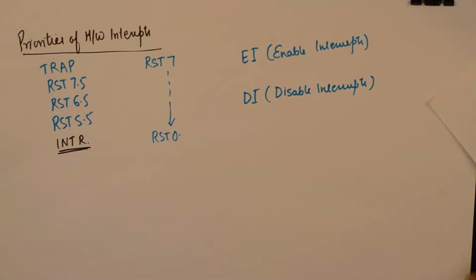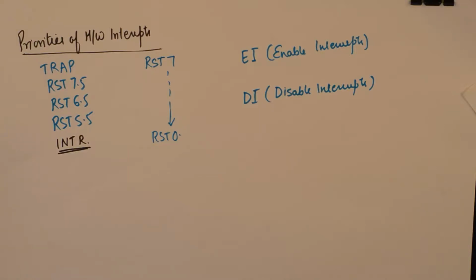But that is all for the introduction of interrupts. I'll talk about the set interrupt mask and read interrupt mask instructions, where we can disable or enable the interrupts individually.